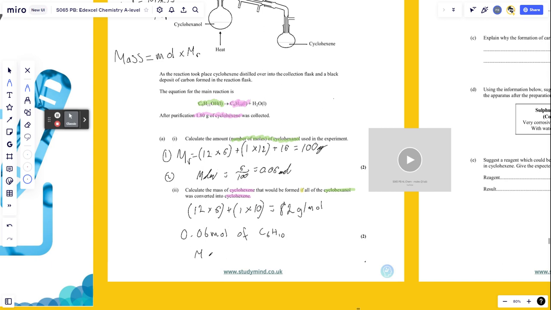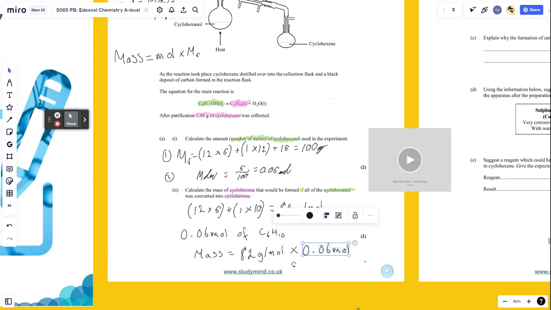So the mass is equal to this 82, the molar mass, multiplied by the moles, which is not 1.8. Don't get confused with that. We're multiplying it by the number of moles, which is 0.06.